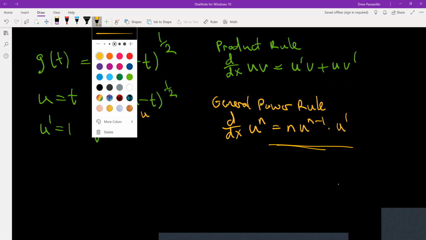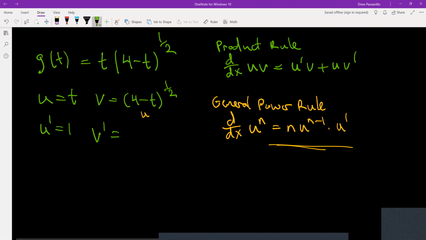So based on the general power rule, the exponent gets dropped down in front, so it'd be 1/2 times 4 minus t, and I subtract 1 from it, so it'd be 1/2 minus 1 times u prime. And since u is 4 minus t, the derivative of 4 minus t is negative 1. Because derivative of 4 is 0 as a constant, and then derivative of minus t is minus 1, so it's 0 minus 1, which is negative 1.